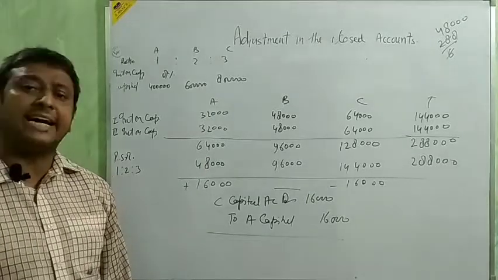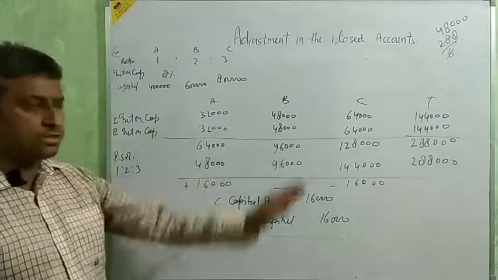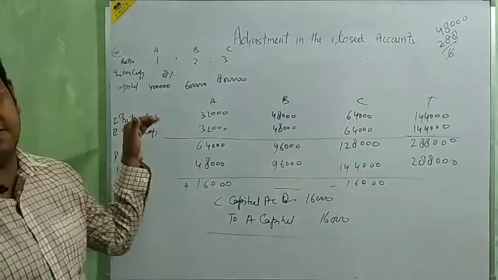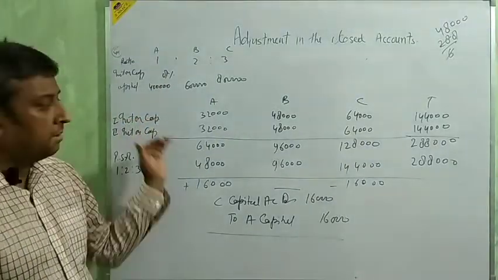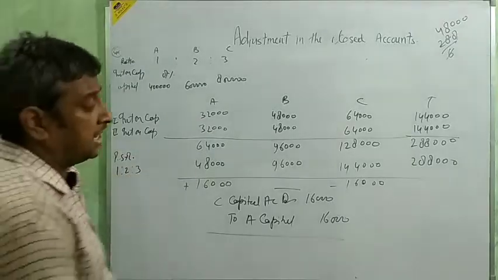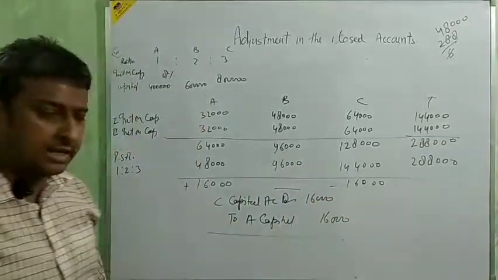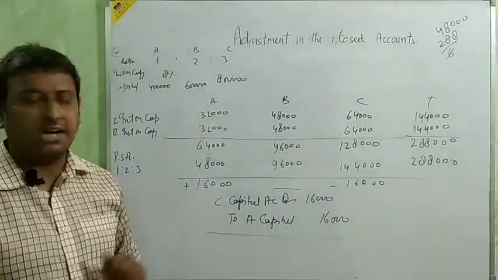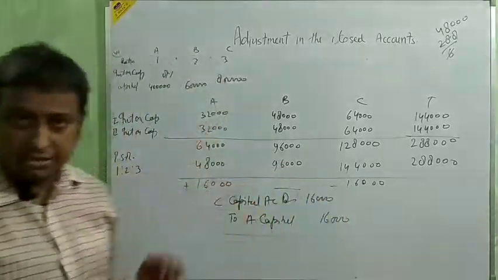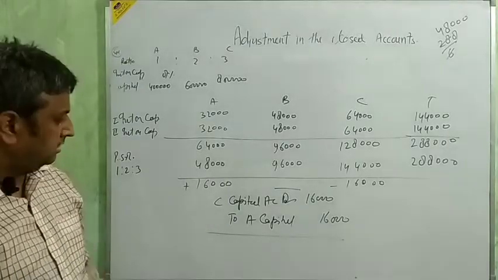But if any type of income is coming, such as interest on drawing, the same process we use. So total the interest on drawing, then distribute that interest on drawing in profit sharing ratio. But the only more important thing is, in the case of interest on drawing, minus will be credit and plus will be debit. Okay, beta?